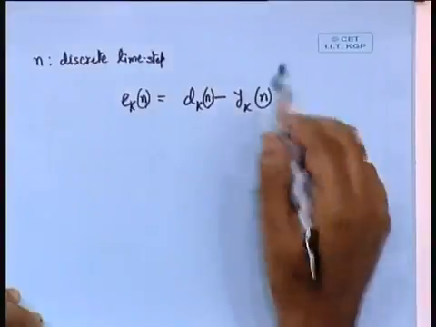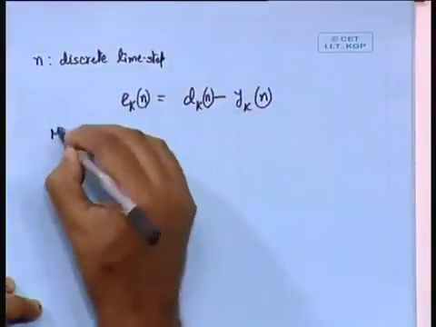So this n is the iteration number, or we are calling it a discrete time step. Discrete time step in the sense that if we take n equal to 1, whatever things are being done in that time step will be written, and then the next time step will be recognized as time step 2 when we will be doing the second iteration.